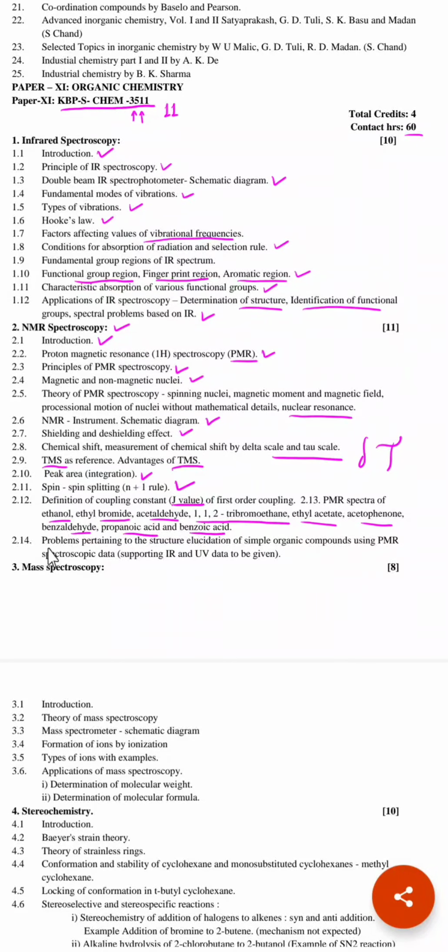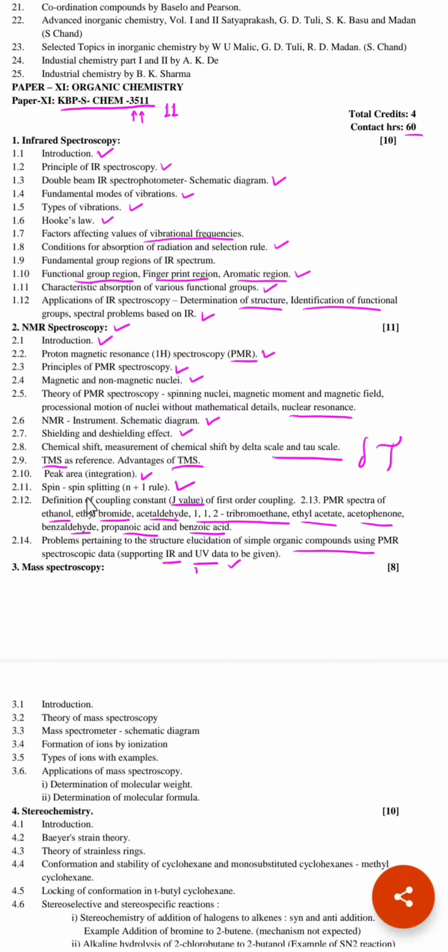In the last point, we will solve some problems pertaining to the structure elucidation of simple organic compounds using PMR spectroscopic data, and along with this PMR spectroscopic data, we will also use the previously studied spectroscopic methods and their data, that is IR and UV. This UV we have studied last year.